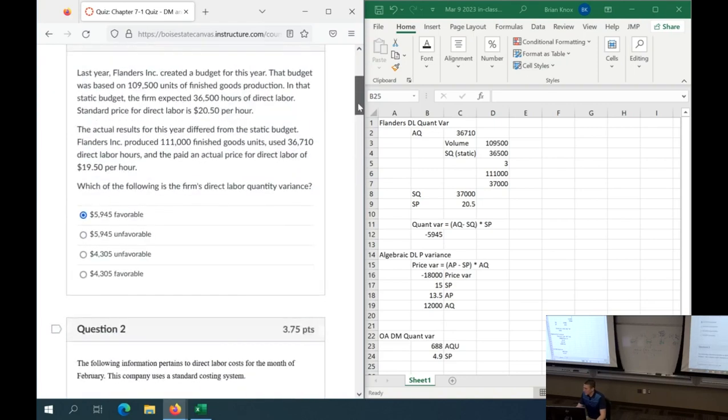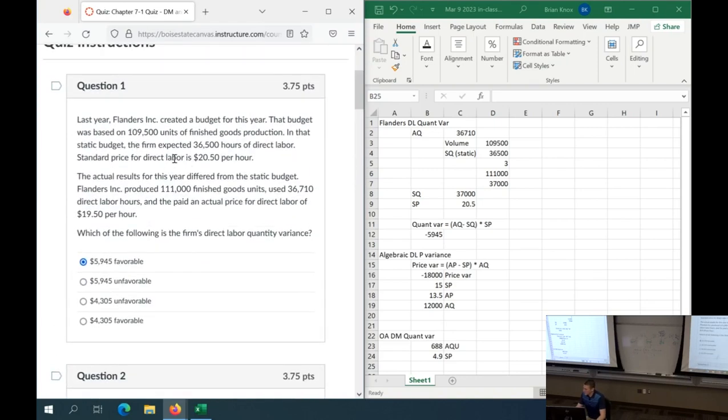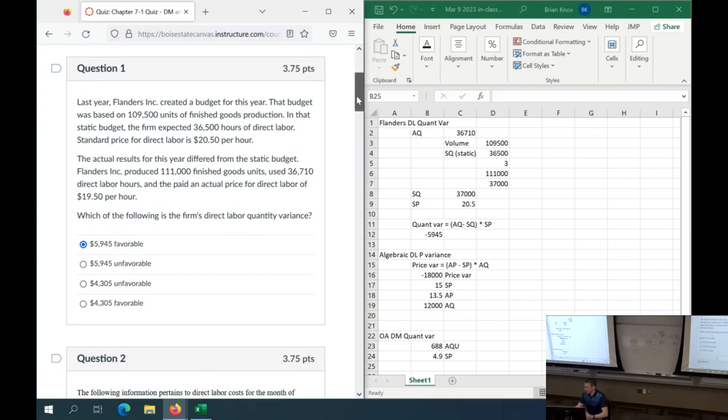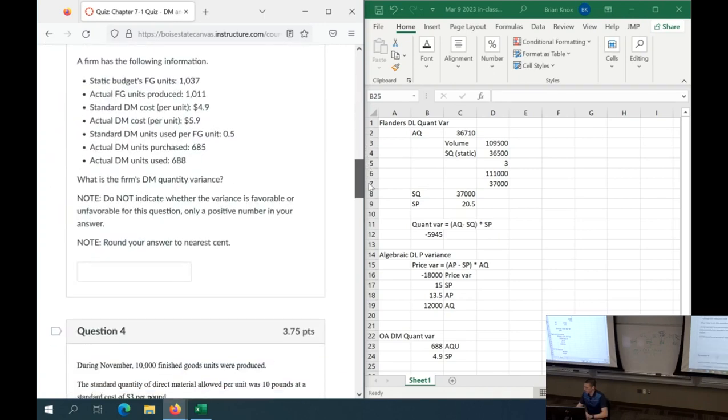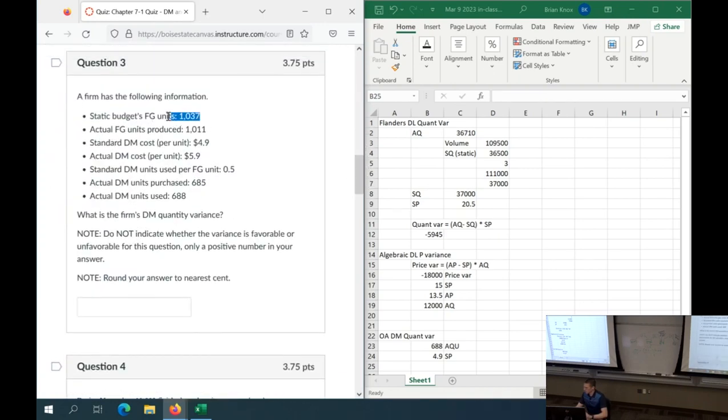We had to use it up here to tease out the per unit standard for direct labor hours. But here we need to make sure we don't use this because we already have the standard quantity per unit.